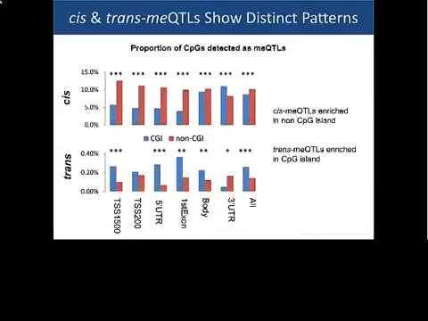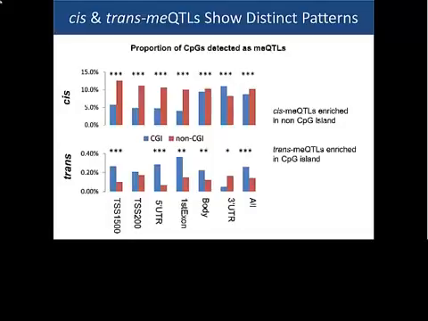Now we show a very different pattern between the trans association and the cis association. Here, for each category of the genomic categories, we calculate the proportion of the CpG sites detected with either trans associations or cis associations.